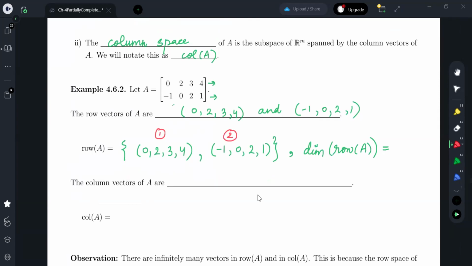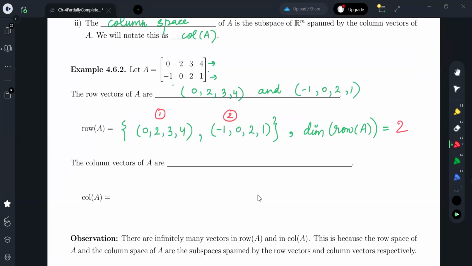Are they linearly independent? How do we be sure? We will come to the basis of that in a bit. Let's just talk about that for a different lecture. Dimension here is 2. Okay.